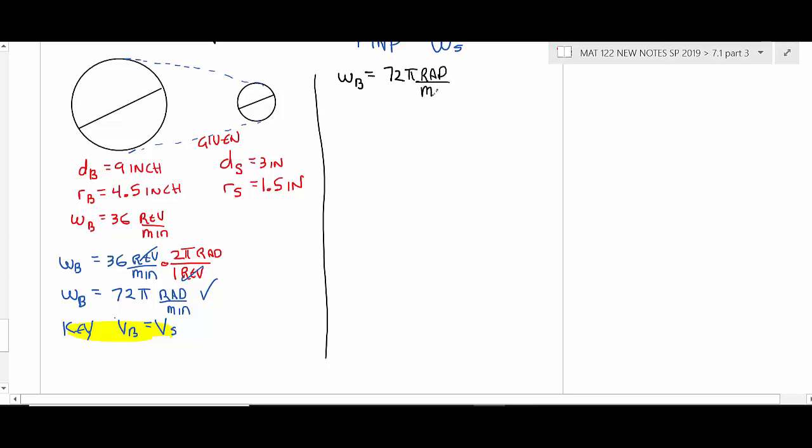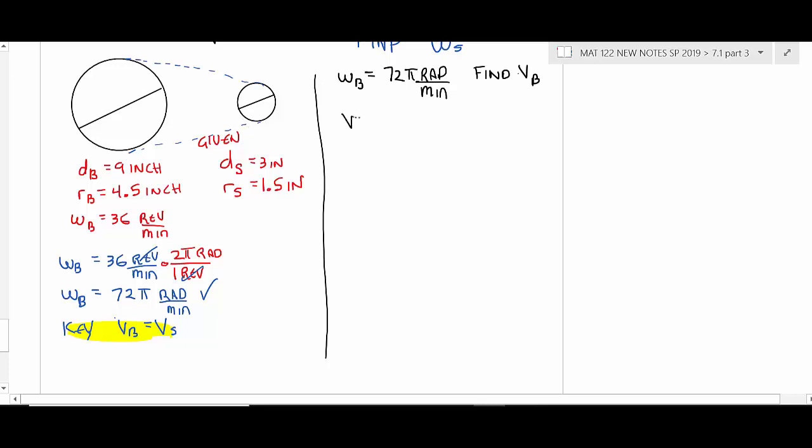I need to find the linear velocity of the big. If I find that, it will be the same as the linear velocity of the small, and that's all I need to figure out the final answer of the problem.